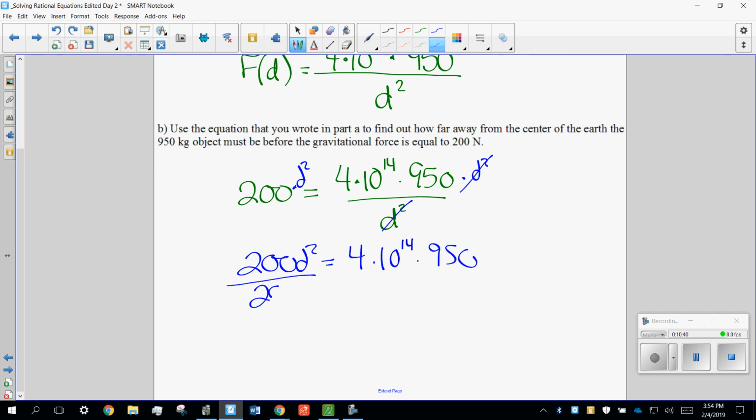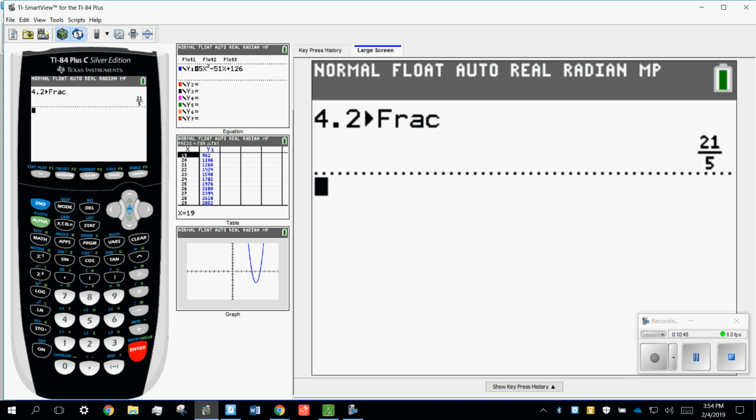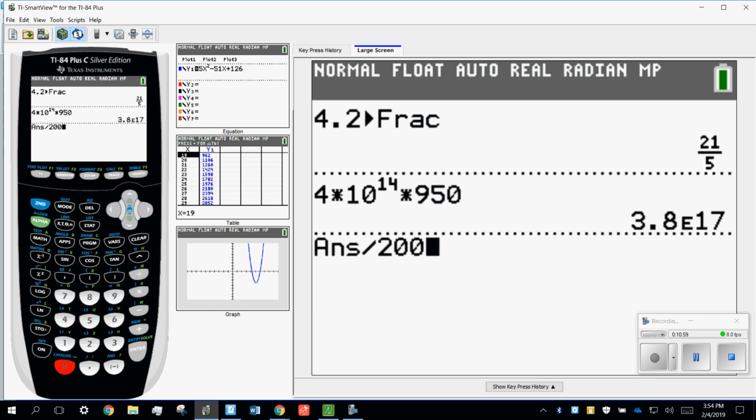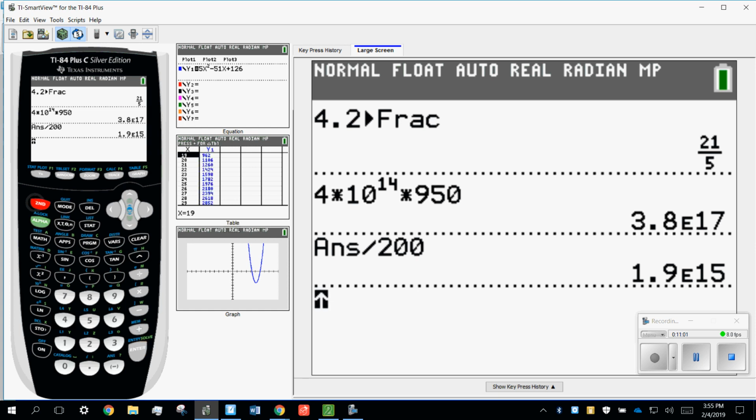Divide by 200. And we get the distance squared equals whatever that is. Let's go to the calculator. 4 times 10 to the 14th power times 950 divided by 200. And then we'll take the square root of that.